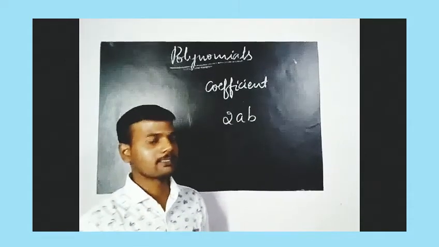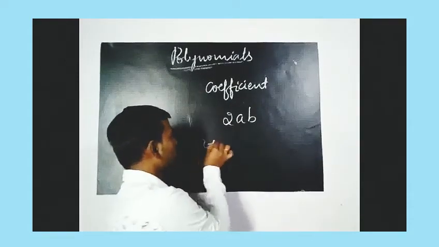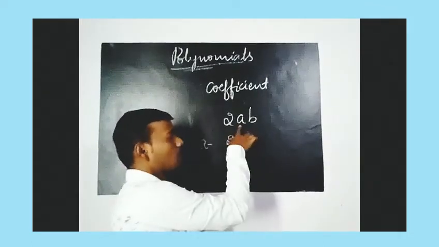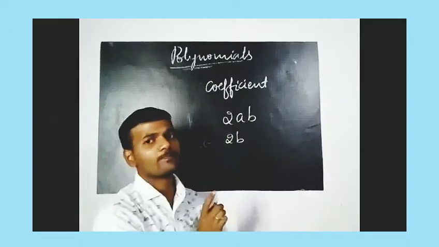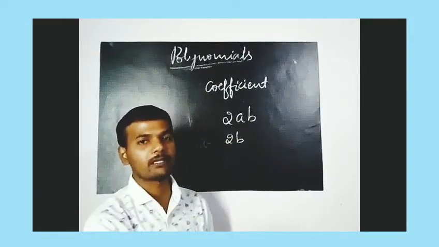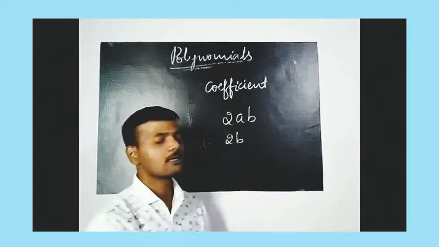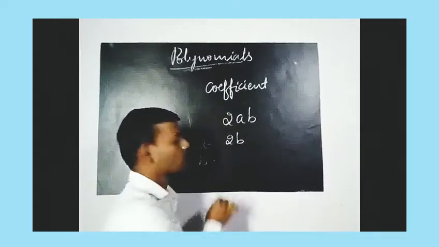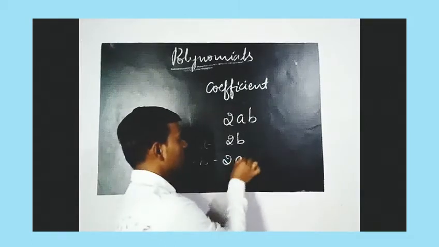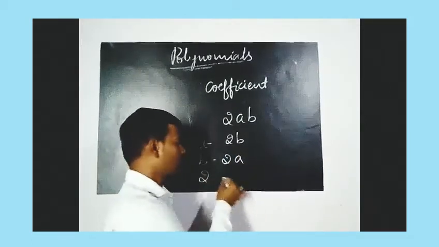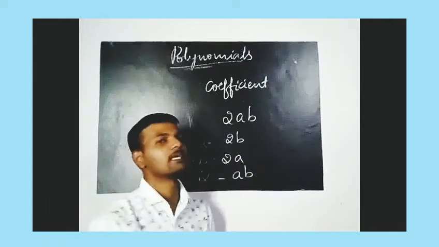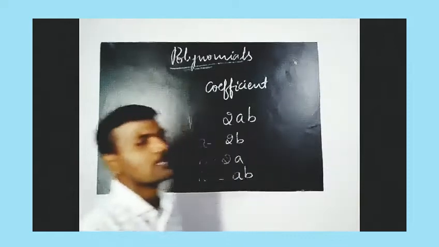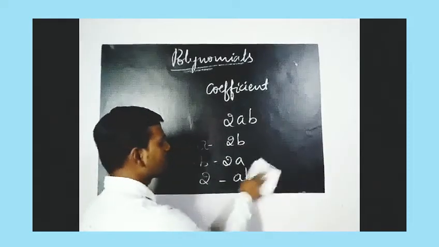In this, the coefficient of a is 2b, because 2 and b are the companion part of the term. The coefficient of b is 2a, and the coefficient of 2 is ab. Coefficient means the companion part of the term.